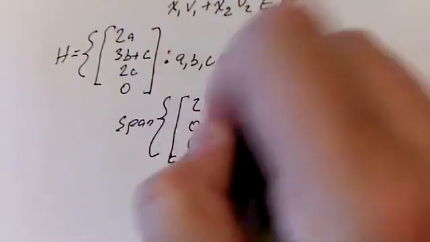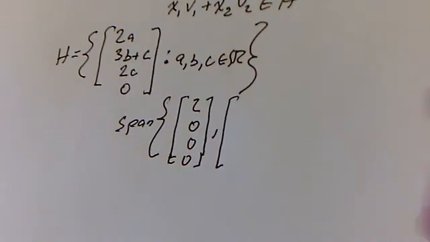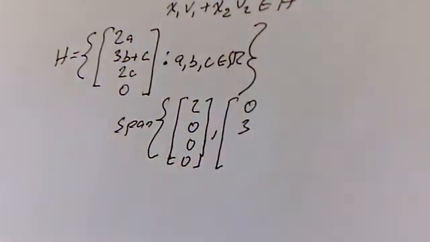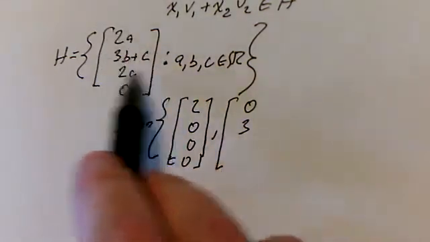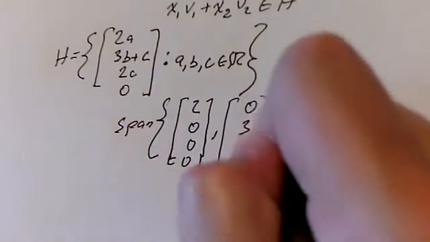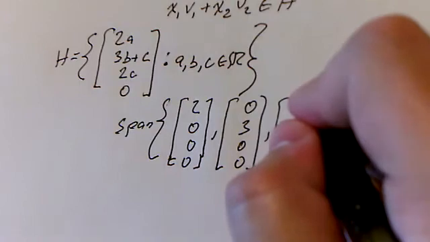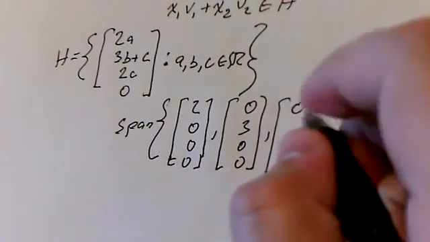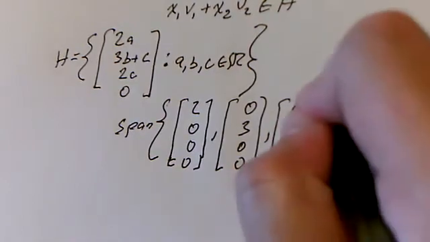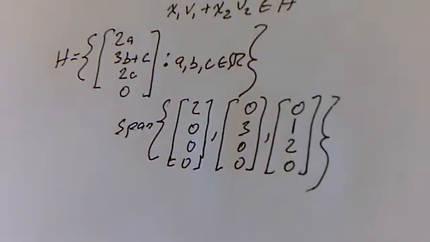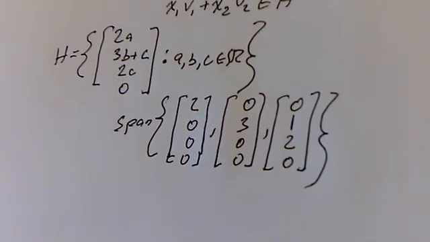I get 4 coordinates, so this is possibly a subspace of R4. Then for B, no B's in the first spot, 3 B's in the second spot, no B's in the third, 0 for the fourth. And for C, no copies in the first, 1 copy in the second, 2 for the third, and 0 for the last one. So it's pretty easy to write down your spanning set if you have this type of representation.